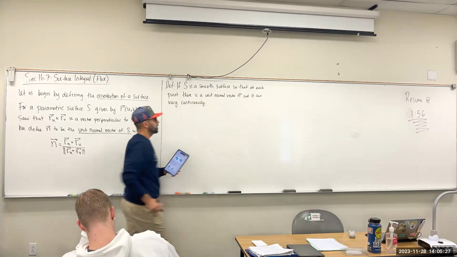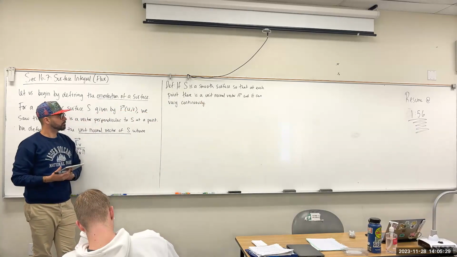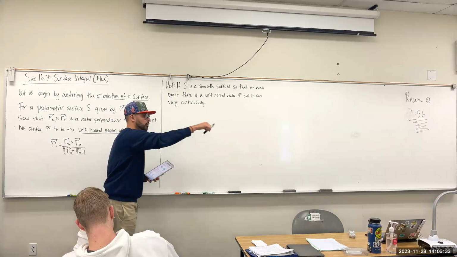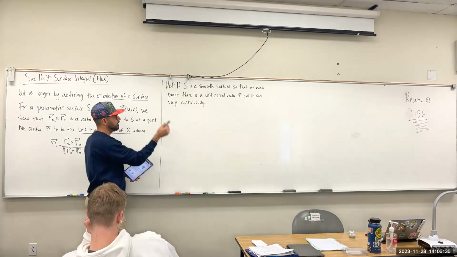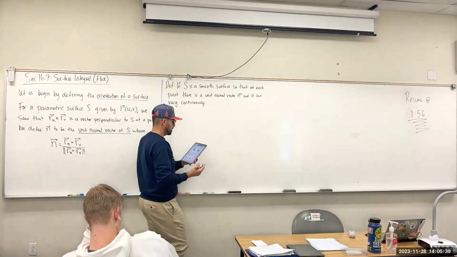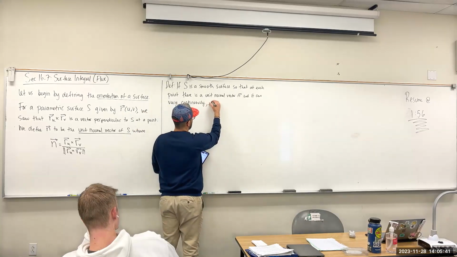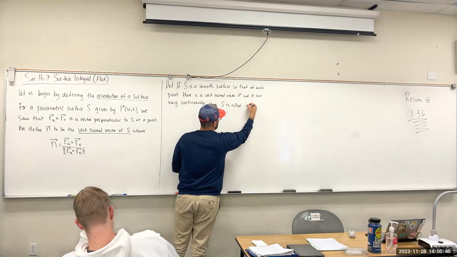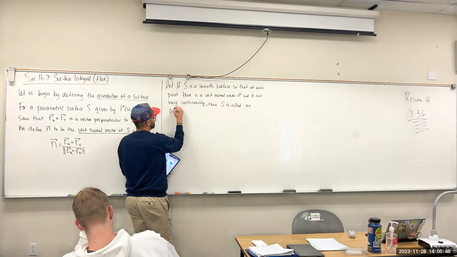All these conditions, I apologize. So you have a surface, you have the unit normal vector just kind of continuously moving and flowing through, and it exists at all points on the surface. Then S is called an oriented surface.